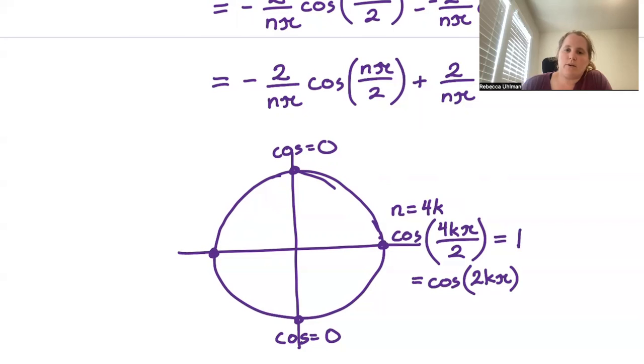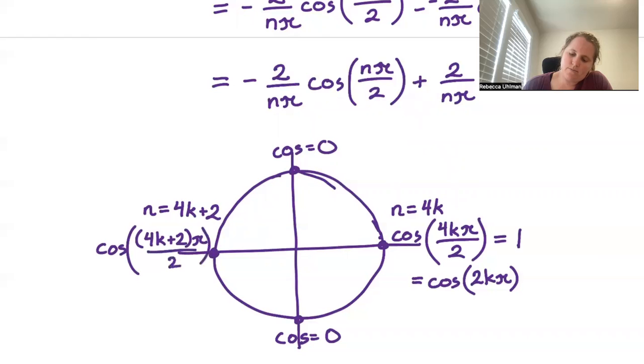If, on the other hand, we are looking at n equaling 4k plus 2, which are odd multiples of 2 but still even, in this case we would be looking at cosine of 4k plus 2 times pi over 2, otherwise known as cosine of 2k plus 1 times pi.